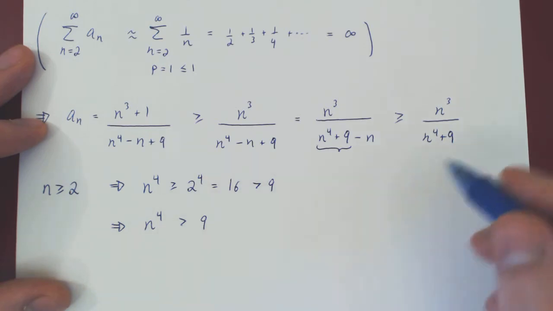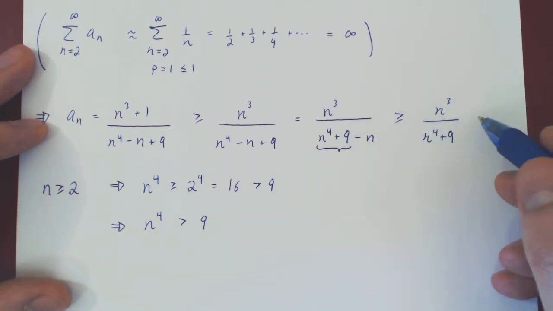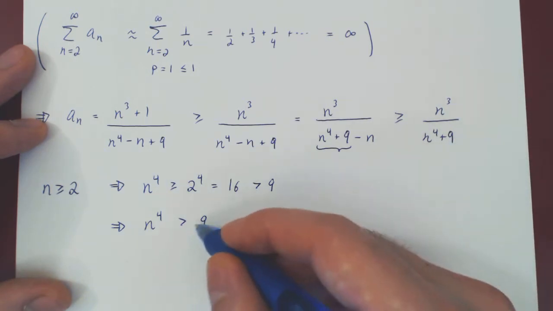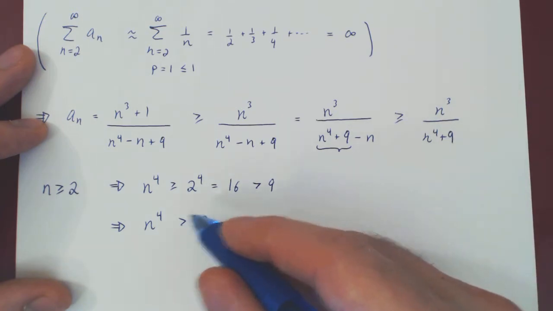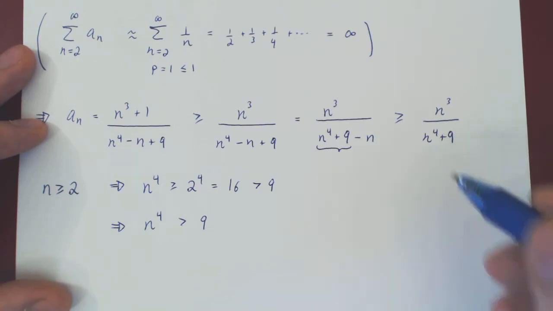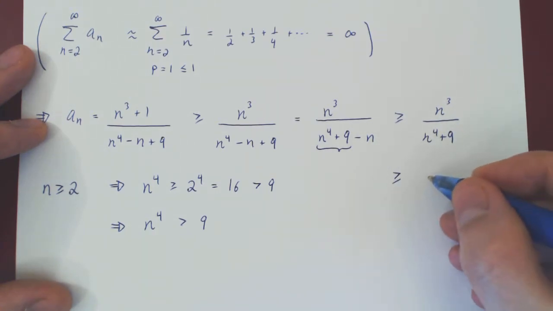And this is now the key to having the inequality in the right direction. If I replace 9 by n to the 4, then I replace 9 by something that is larger, so I have a larger denominator, therefore a smaller fraction.